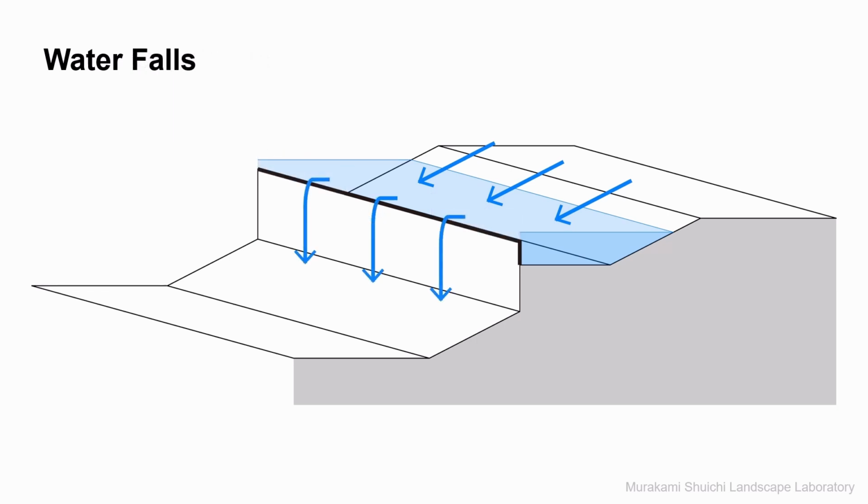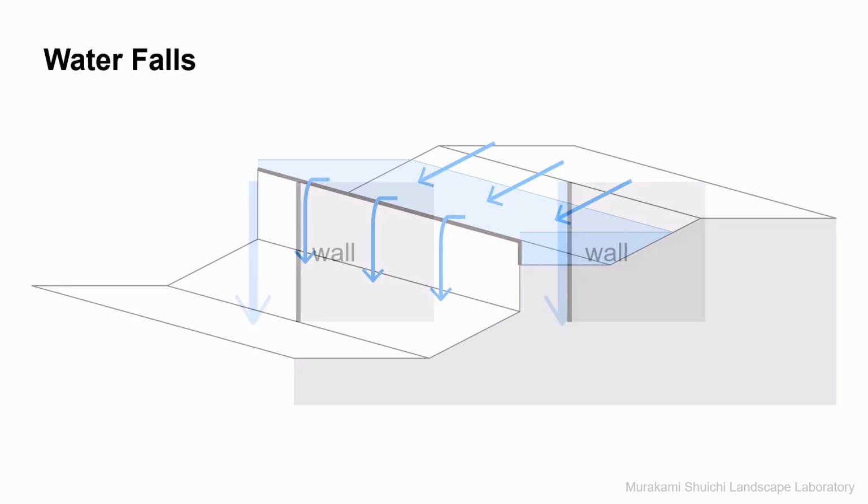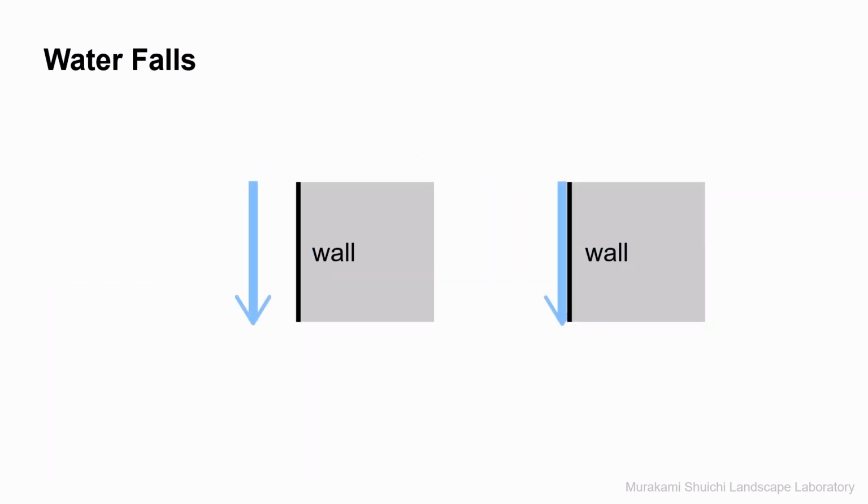What happens to the overflowing water? As long as gravity exists, it falls downward. A waterfall is one example. However, there are several ways for water to fall. It may fall through the air like a curtain as shown on the left, or it may run down along a wall on the right, creating a reflection sound.